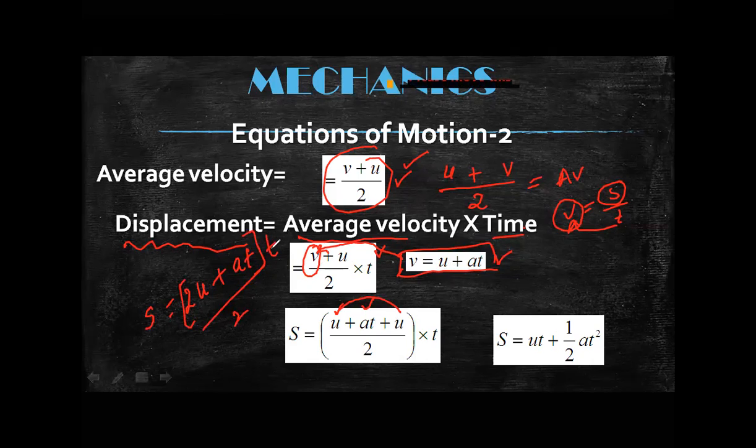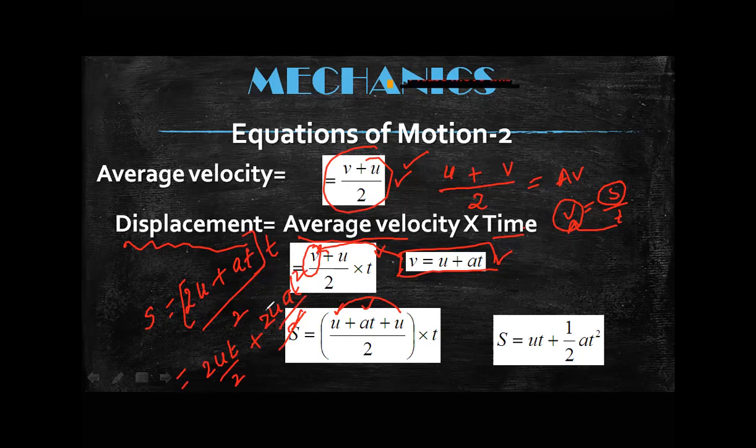Where the final velocity is, I'm writing v is equal to u plus at. When I substitute this here, u plus at plus u gives 2u. So s is equal to (2u plus at) into t by 2. If I multiply with t, the next step becomes 2ut by 2 plus at square by 2.